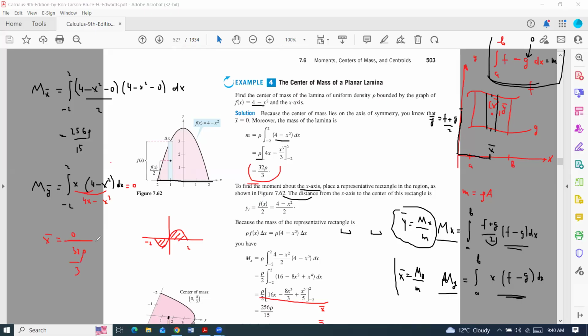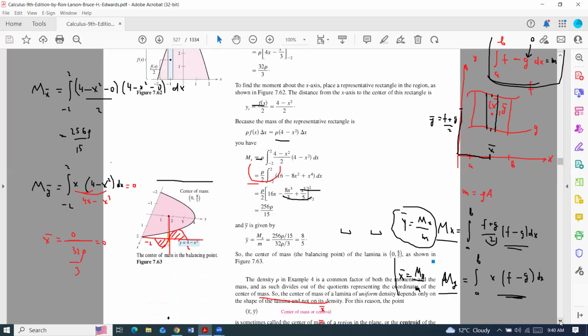So that way, the x coordinate is 0, which is very nice. Nice for starters, and that's going to be our finish as well.